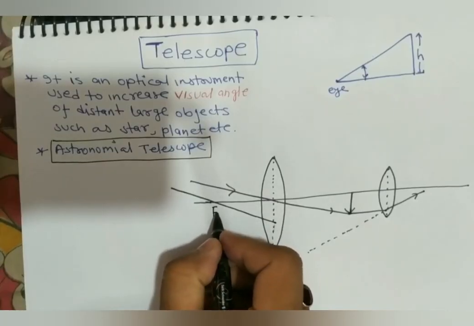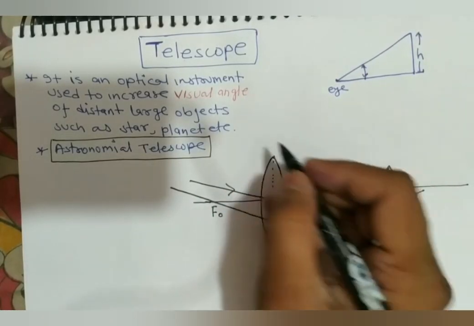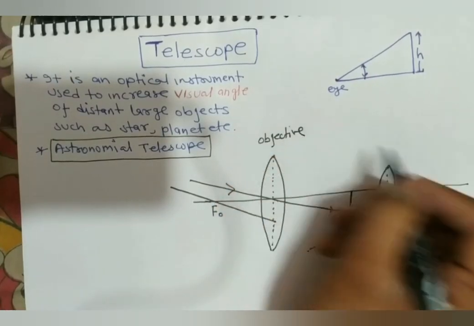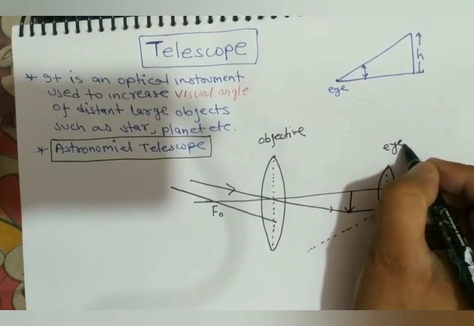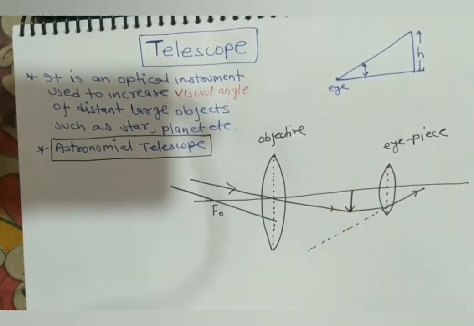This is F0. This is basically the objective because the object is on this side, and this is the eyepiece because the eye is on this side.